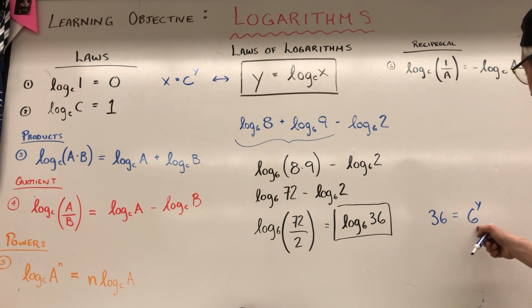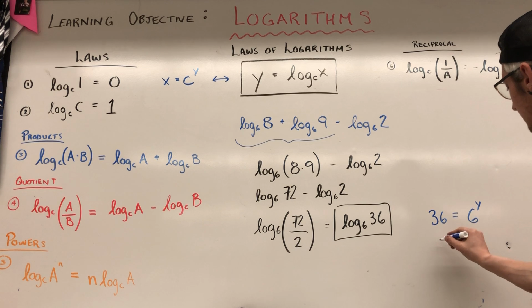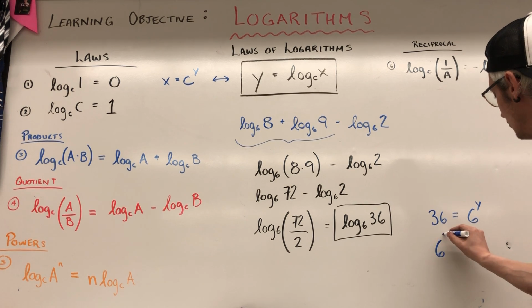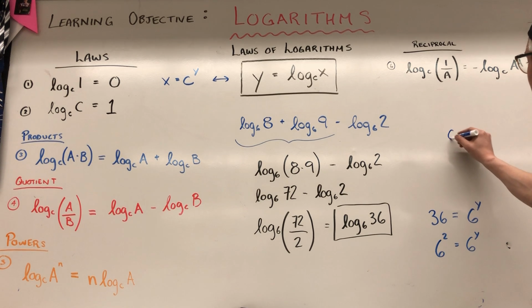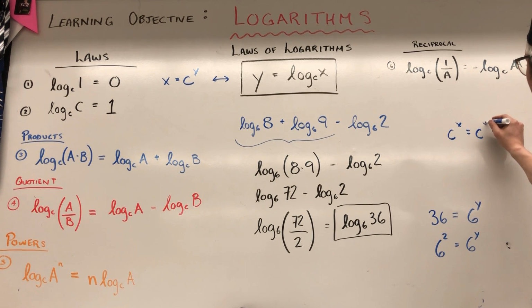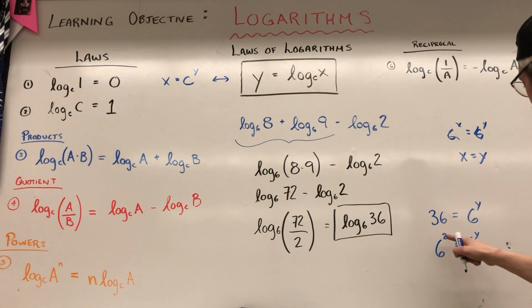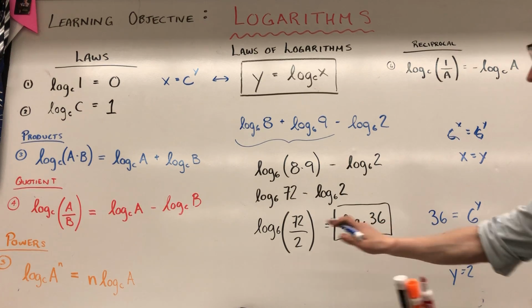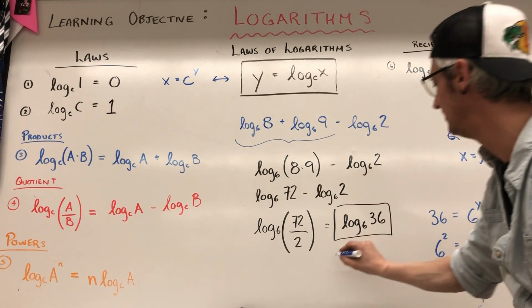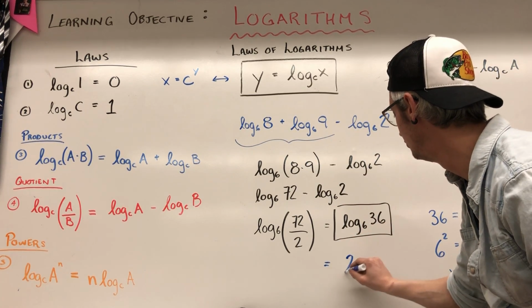And then if I use what I know about solving for exponents, 36 is the same as 6 squared. Now they both have the same base, and when they have the same base, c to the x is equal to c to the y, x is equal to y. Okay? So 2 is equal to y. Y is equal to 2. Therefore, this whole thing simplifies into 2.